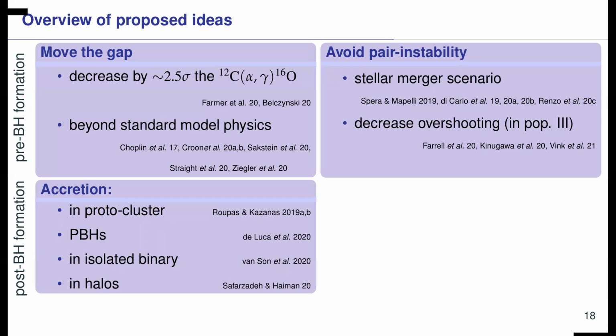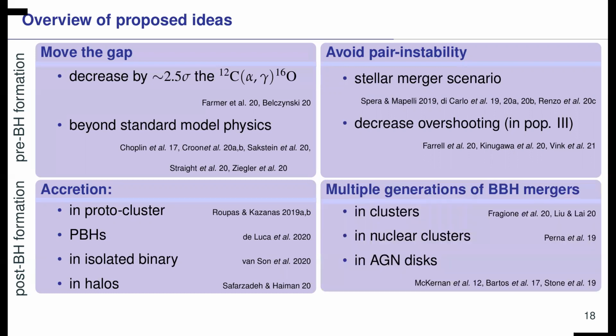And finally, one could, instead of using accretion of gas, grow the black hole masses through mergers. And this is something that is definitely possible. We could have multiple generation mergers in the universe. However, each time you merge two black holes, you get a recoil with velocities of order 100 kilometers per second.